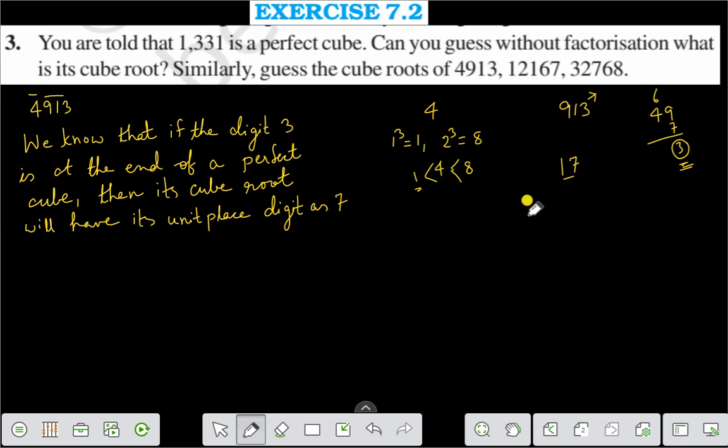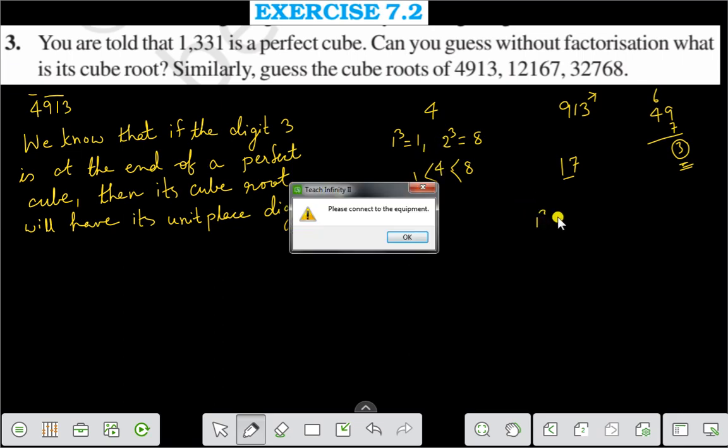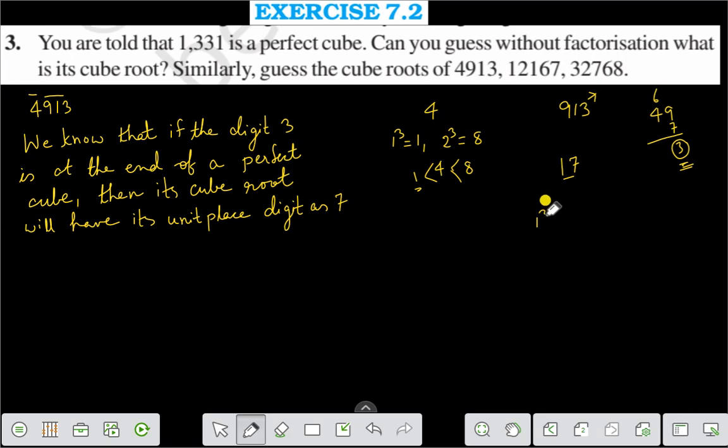Now, here you take 1 cube. We have to take the smaller number of the cube, right? Now, if we take the first group, 1 cube is equal to 1, and 2 cube is equal to 8.